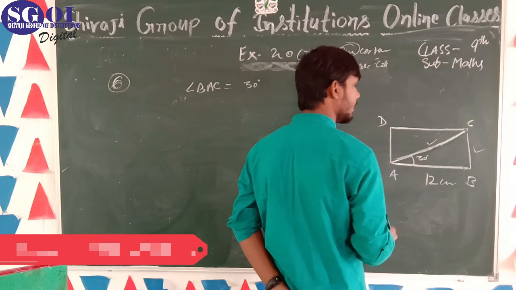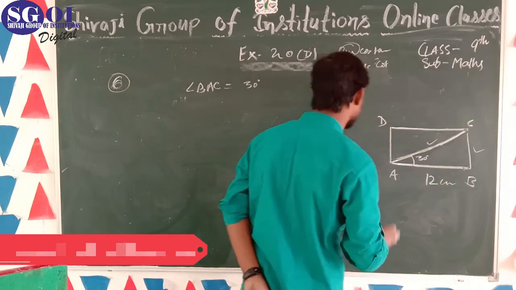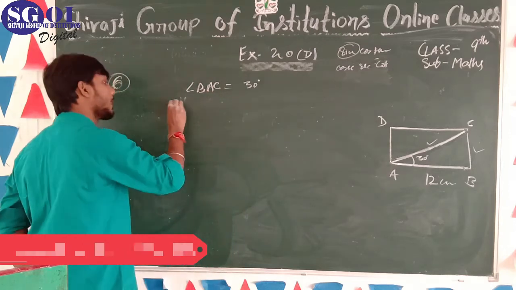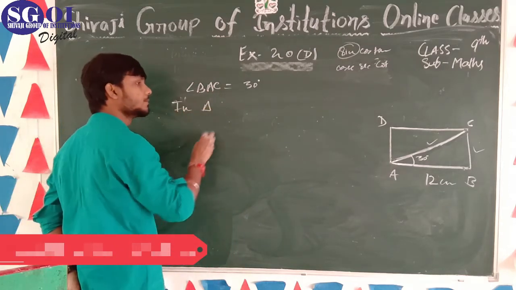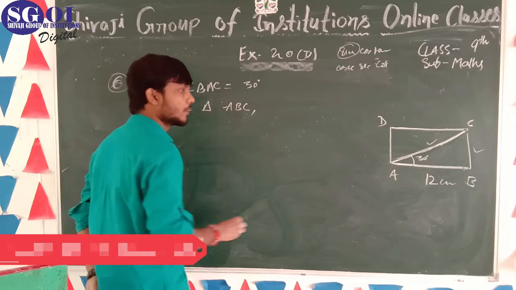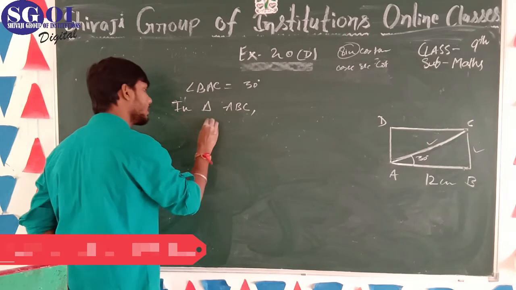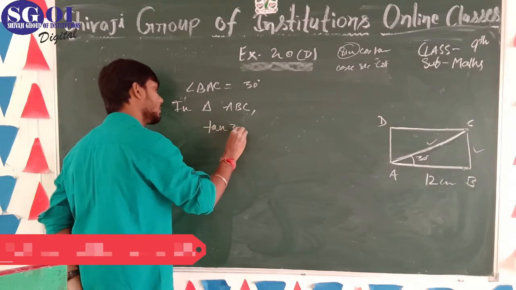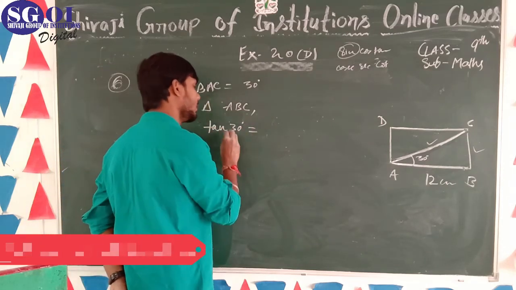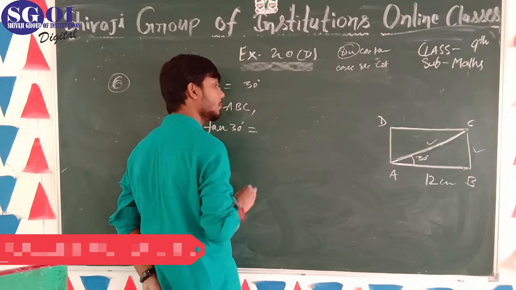So what will we do first? We take a base and a perpendicular. Now let's see in triangle ABC. First we will talk about perpendicular and base. It means we will take tan 30, because we know that tan theta is equal to perpendicular upon base.